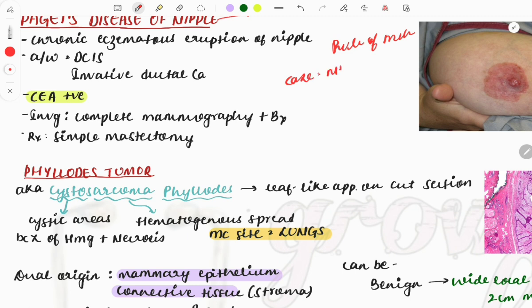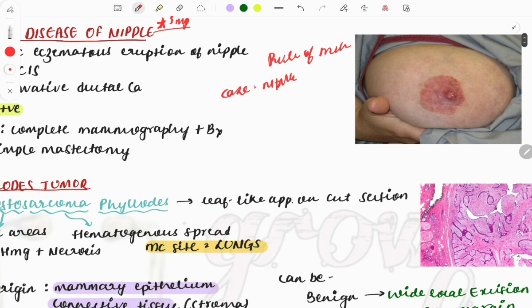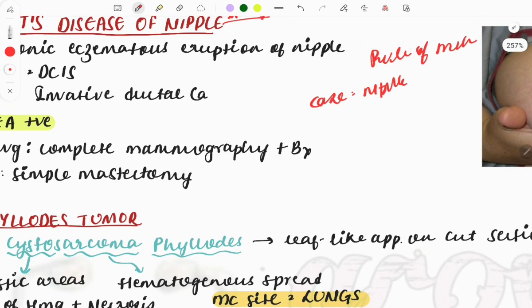nipple eruption, chronic eczematous eruption of the nipple, and on examination you see something like this. These findings are visible on examination, and this Paget's disease involves which of the following structures?